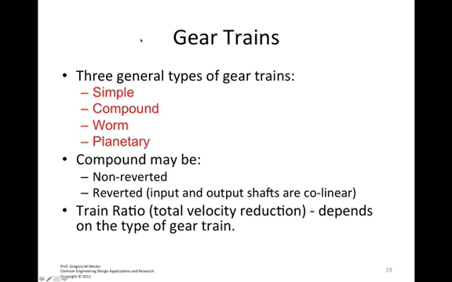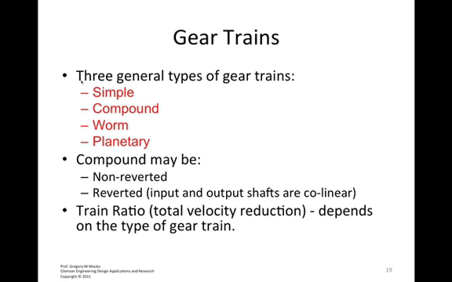Simple gear trains you'll see maybe around the tens in terms of gear reductions. Compound gear trains, you'll see maybe tens to hundreds. Worm gears you'll typically see at a very high gear train reduction, typically 100 to 1 and higher.